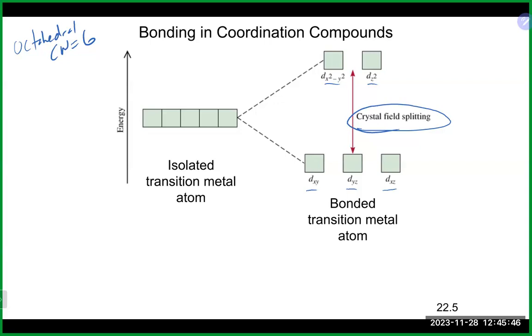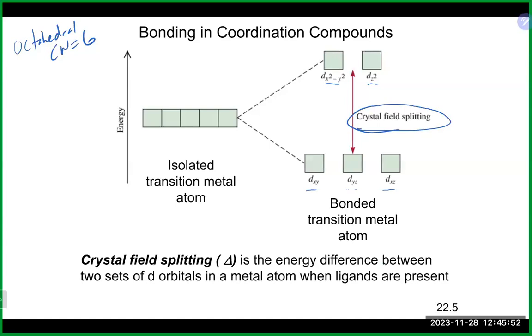So when we have these ligands attached to these transition metals, we will get the splitting of these 5 d orbitals. And what it affects is, in certain cases, as the electrons fill these d orbitals, normally the next one would go to our next orbital here, right?